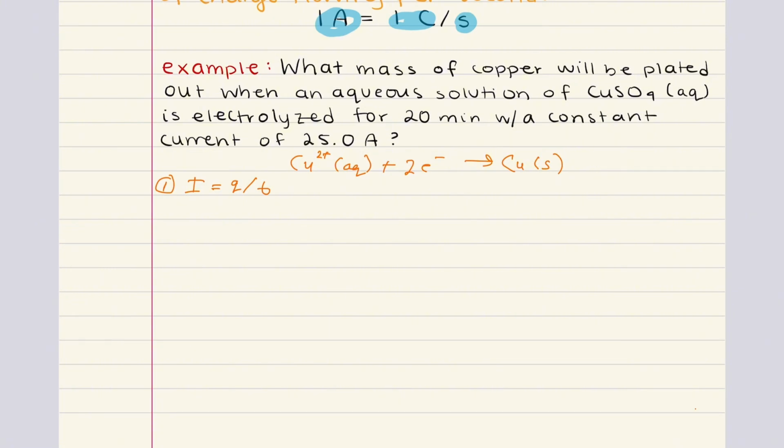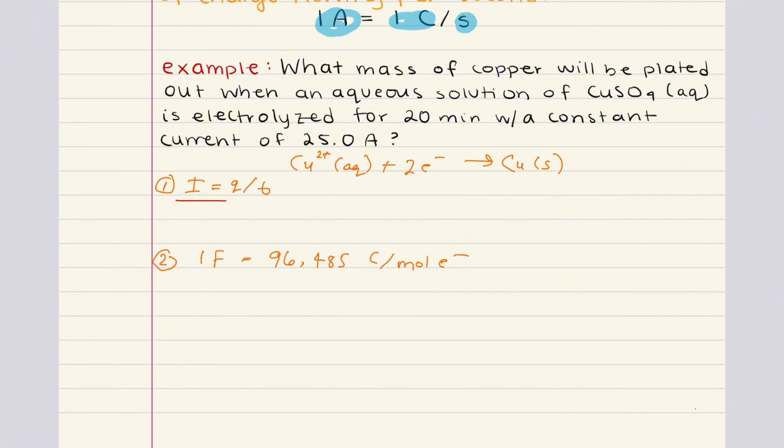And the second relationship is that the charge of 1 mole of electrons is equal to 96,485 coulombs. So we can go ahead and write these down to keep them in mind as we solve the problem.